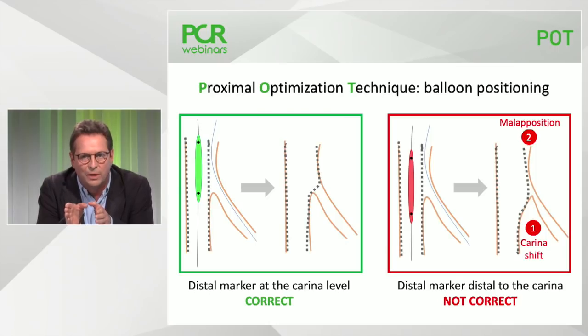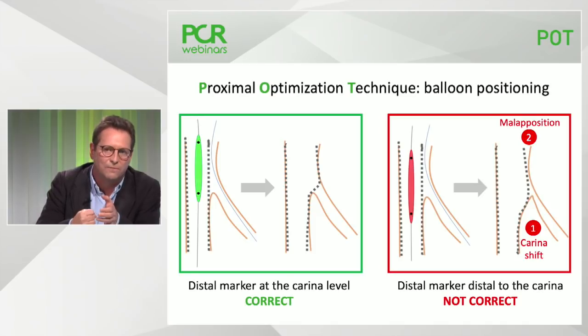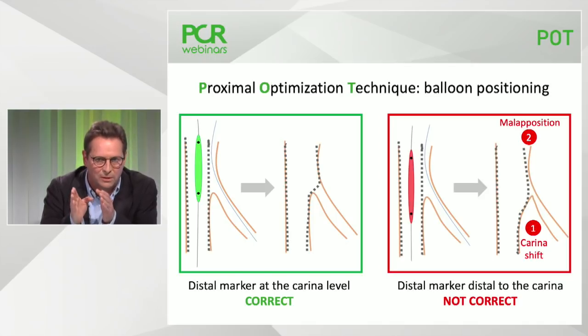And we need to know that, and we need to have it in the back of our head when we are doing the procedures, because we are so trained in putting in tubular stents, and we are so trained into having a proper apposition. So it's so easy to put too much effort in the stent implantation because we look at the proximal part of the vessel, but we should look at the distal part.